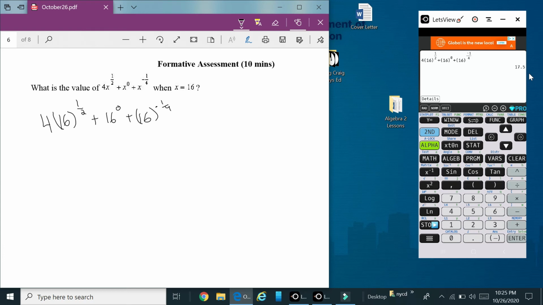I'm going to do it by hand. So, see, this is going to be 4, 16 to 1/2. That is also 4. Plus 16 to the 0 power, that's 1, plus, now 16, let's clear that. It's going to be 16 to the negative 1 over 4.